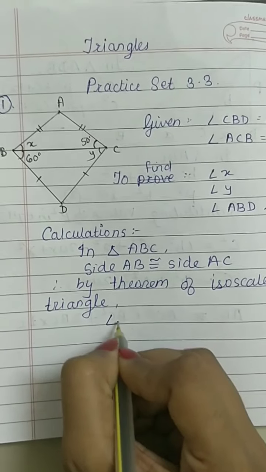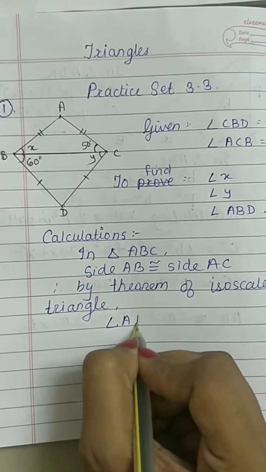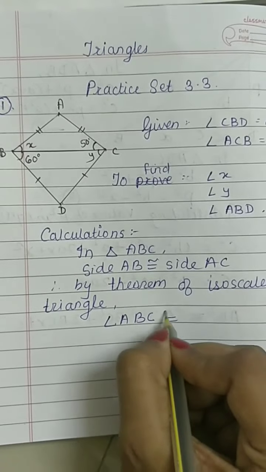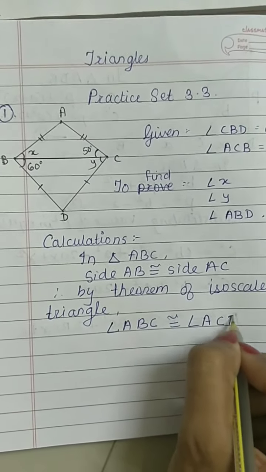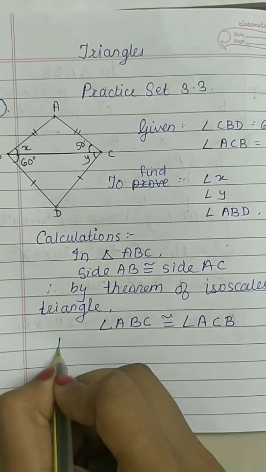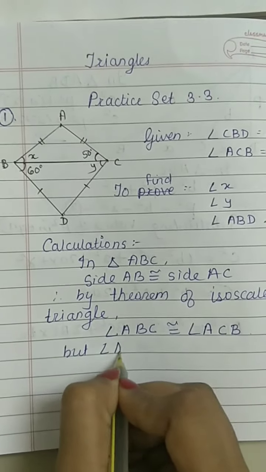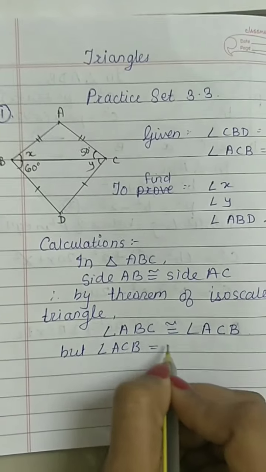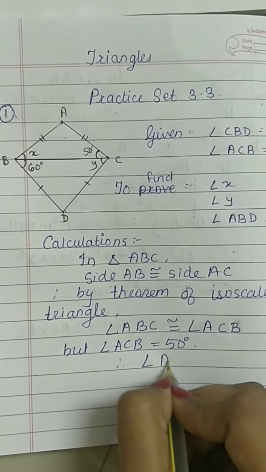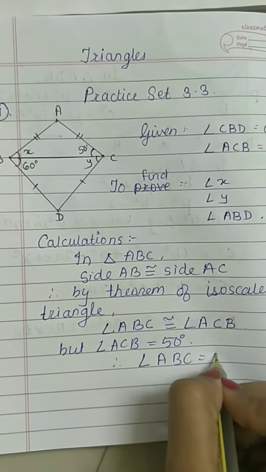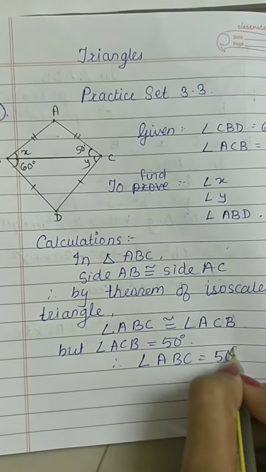Angle ABC is congruent to angle ACB, but this angle ACB is 50 degrees, therefore this angle ABC is going to be 50 degrees.